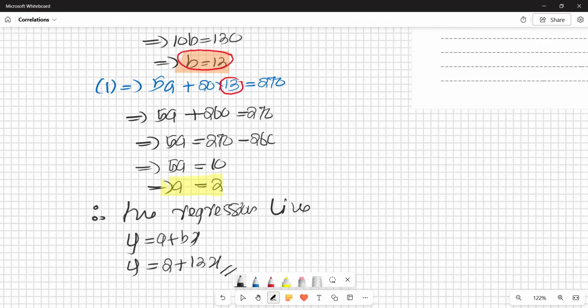Some problems ask to find the value of y when x equals 10. Sometimes they ask to find the value of x when y is provided to you.